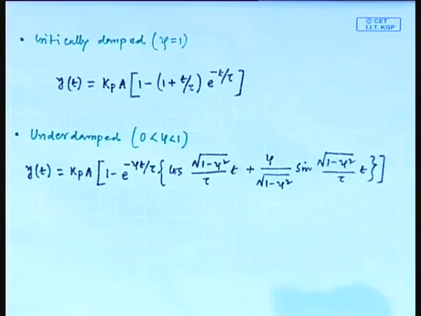This is the expression of output y for the case of underdamped response.